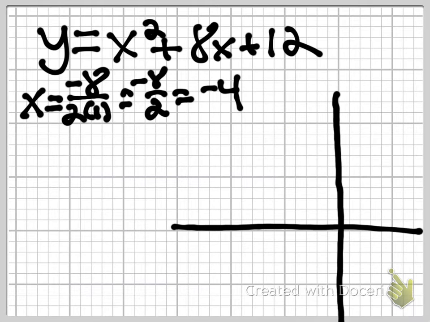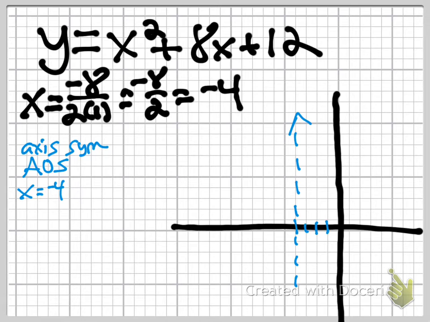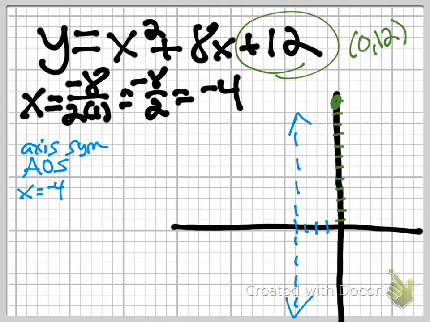Right here now, you can see how I found the axis of symmetry, and sometimes they use AOS for that. That's -4. That's a vertical line. The 12, that 0, 12, that is the y-intercept.